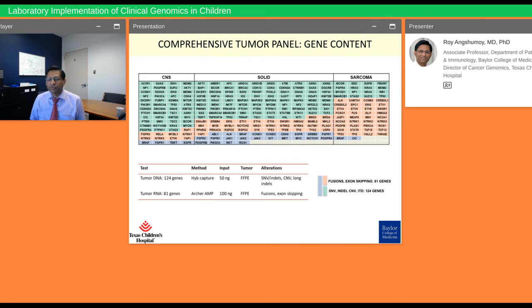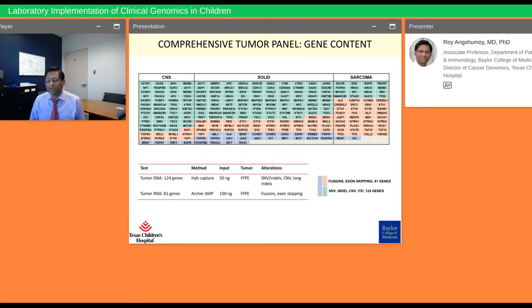So in most academic and reference centers, use of different types of comprehensive panels is fairly well established. And some centers might use even more comprehensive testing, including exomes and genomes for cancers. But for the most part, clinical practice today is mostly utilizing comprehensive panel designs.